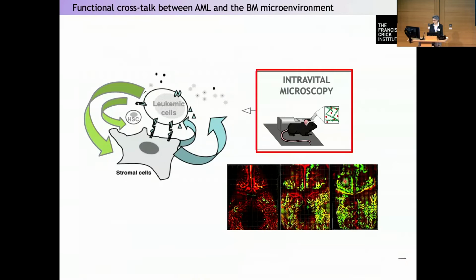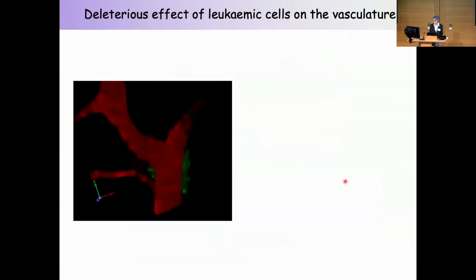mostly thanks to data that was developed actually by Christina Lo Celso when she was a postdoc in David Scadden's lab. So we recapitulate the calvaria imaging of the bone of these mice and look at the progression of leukemia in vivo.